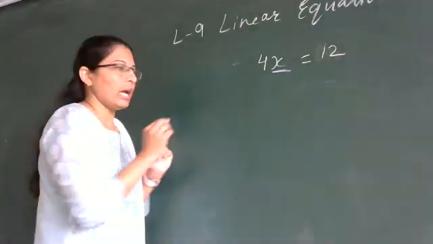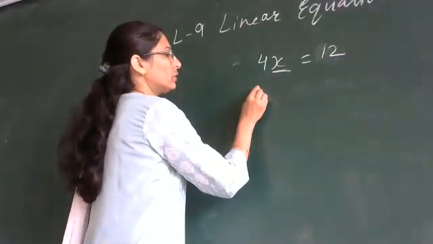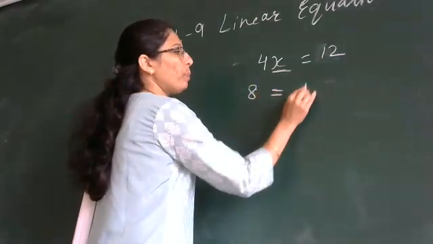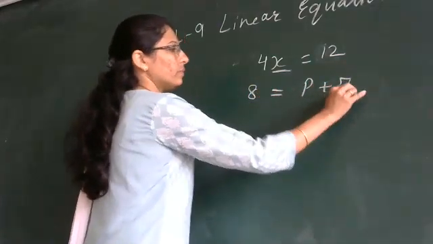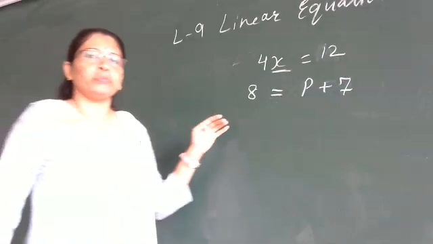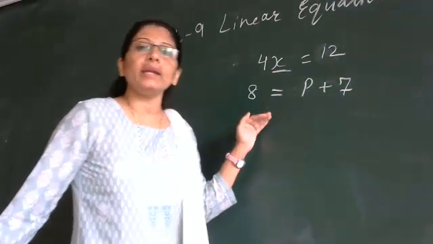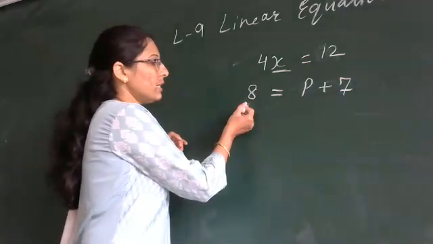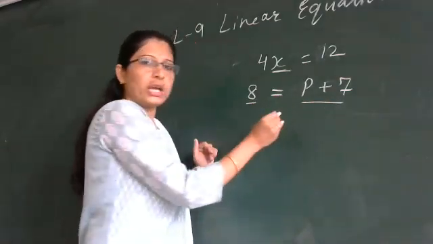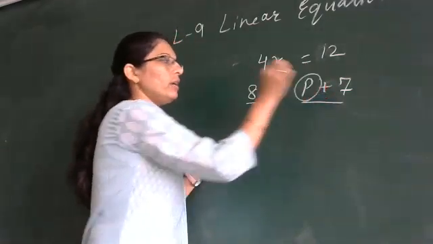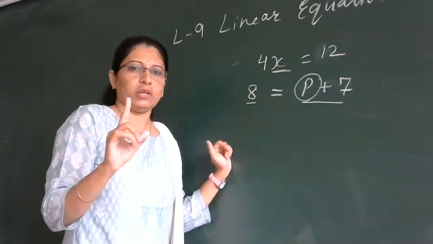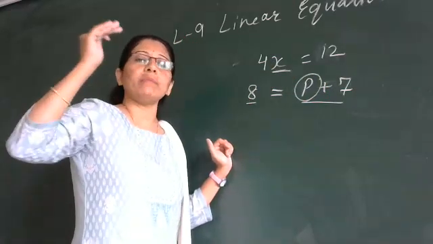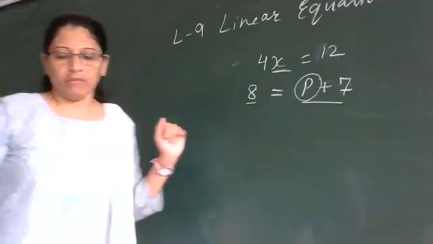Now for example, 8 is equal to p plus 7. This is also a linear equation, because we can see LHS, RHS, and it has degree 1. There are different types of linear equations.